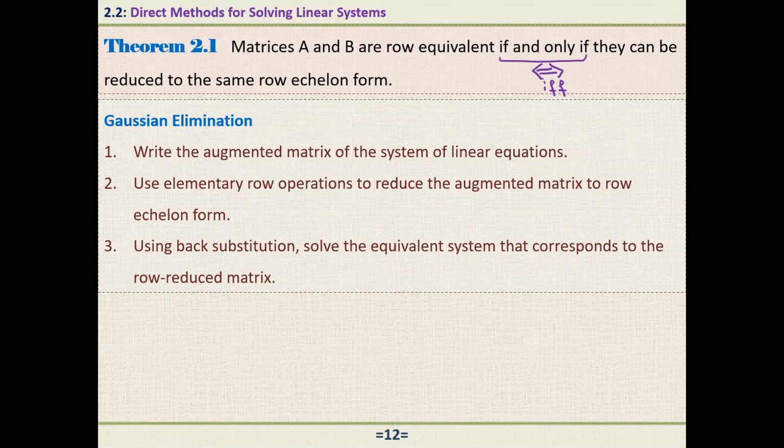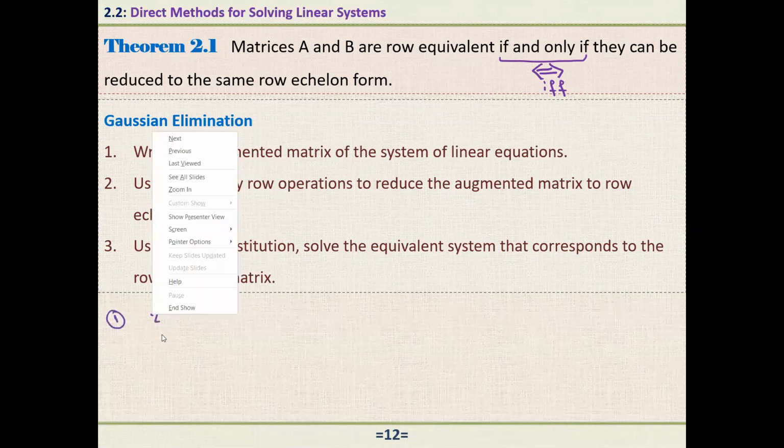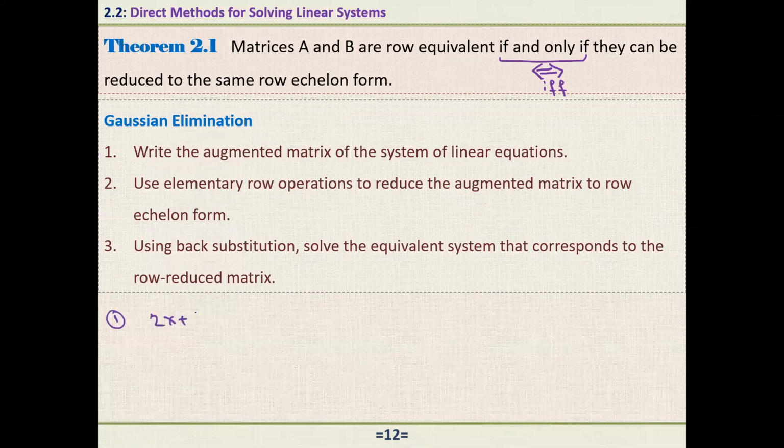To do this, first we have to write the augmented matrix of the system of linear equations. Assume that we need to solve this system: 2x plus 3y equals 4, and 3x plus 5y is equal to 7, right?